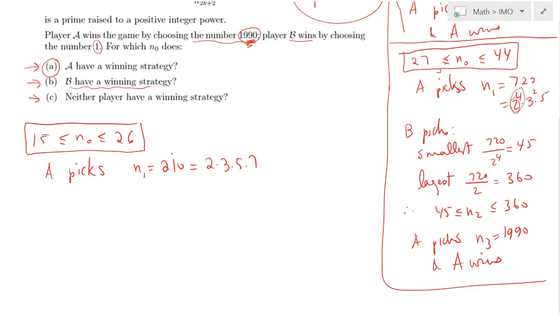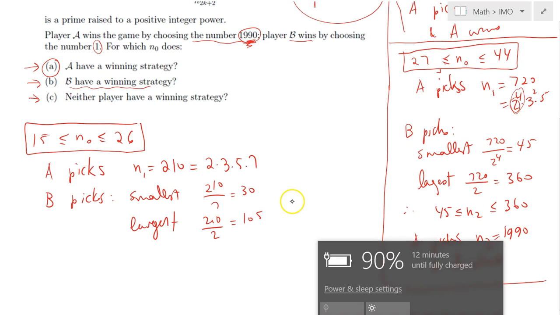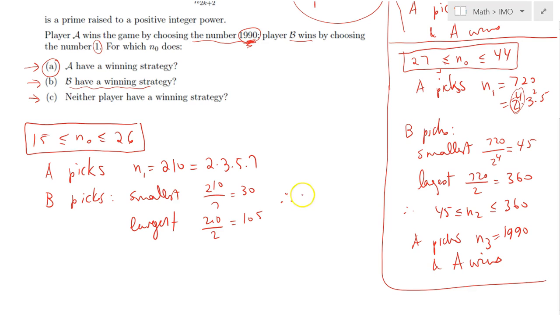And in that case, B picks, using a similar analogy, the smallest that it can pick is 210 over 7, so that would be 30. And the largest that it will be able to pick would be 210 over 2, which is 105. So therefore, n2 will be between 30 and 105.